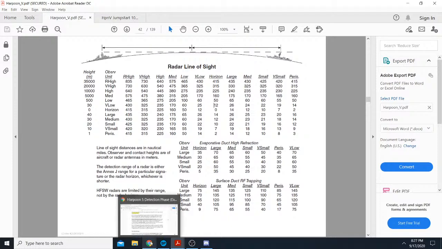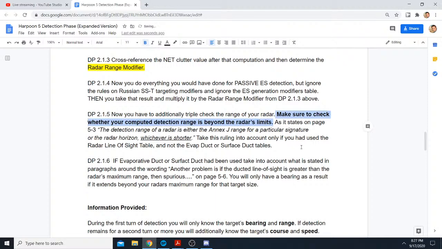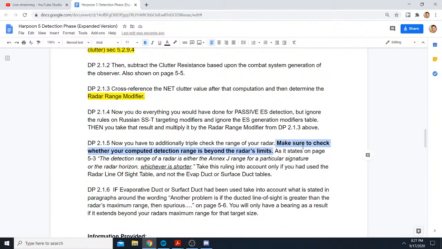Let's get back to the example. So this is key here. You make sure to check whether your computed detection range is beyond the radar's limits. Okay.